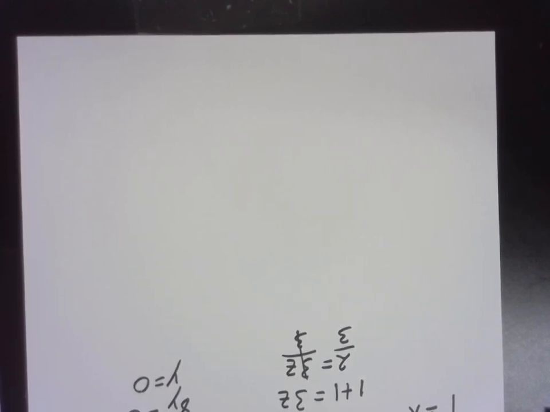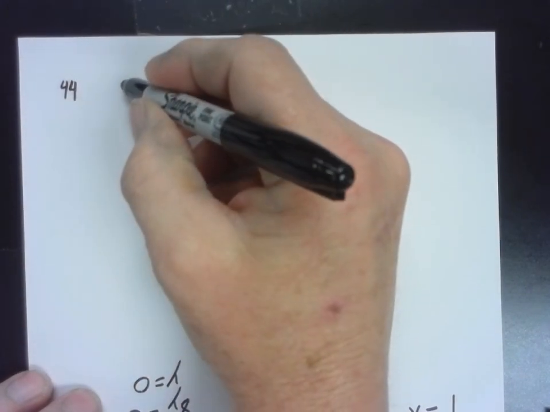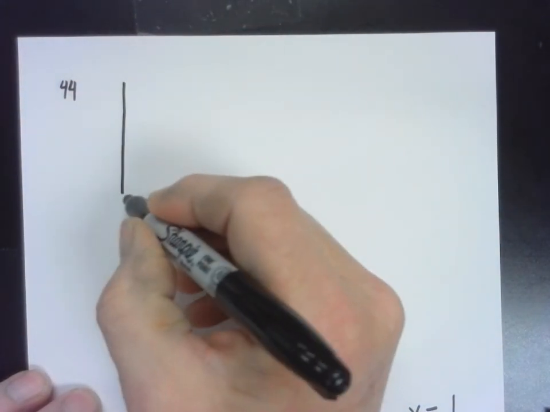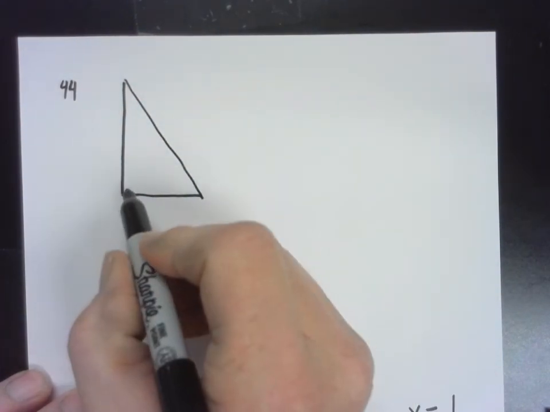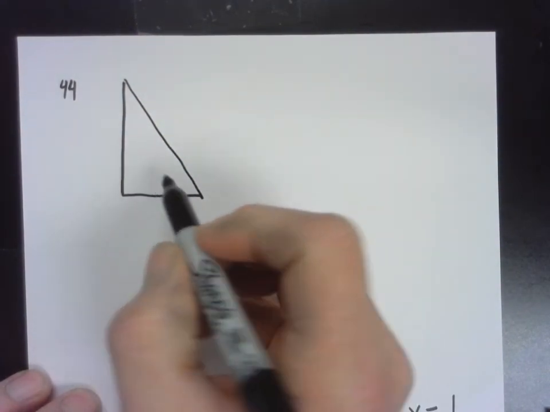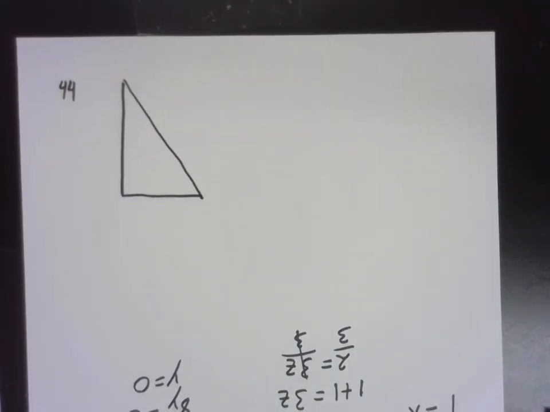Tell whether the figure can be folded in half so that one side matches the other. And it appears to me that in 44, this leg is a little longer than this leg of the right triangle. And I don't even know if it's a right triangle. It doesn't have a right angle marker there. But can we fold it some way?